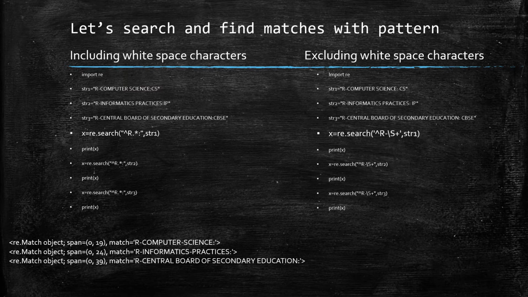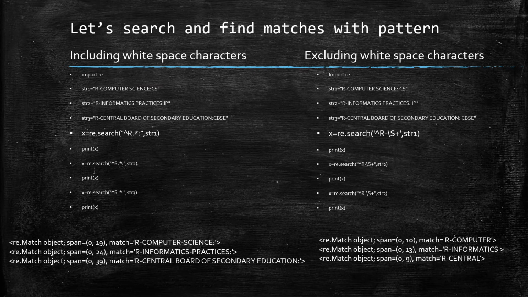Now let us see what the output is for this. As you can see, it has found all the three matches, but now in str1 it has stopped at r-dash computer, right? Because after r-dash computer there is a blank in str1.